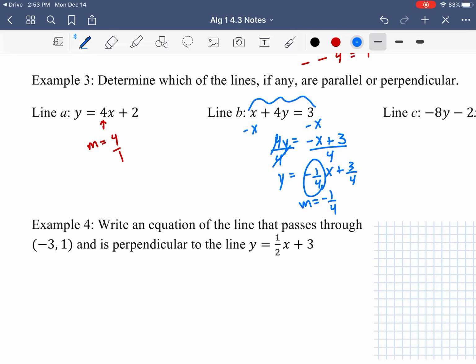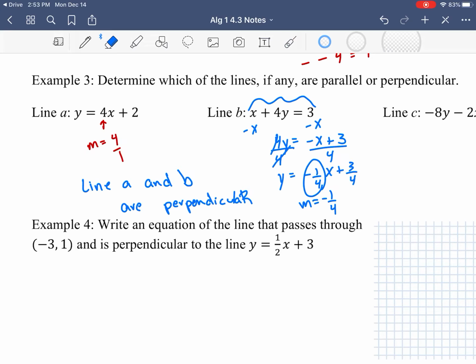This one is -1/4. So line A and B are perpendicular, because, that's not how you spell perpendicular, because they have negative reciprocal slopes.